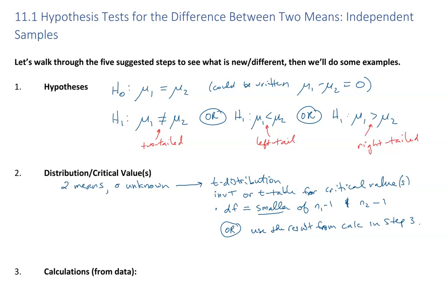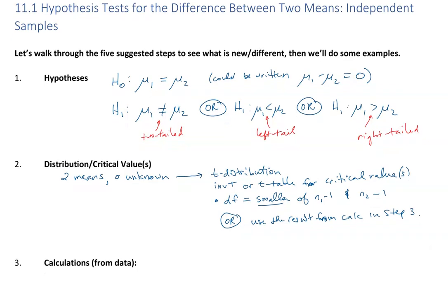You'll almost always get the same conclusion, but every now and then the more accurate version, which is the one from the calculator, will give you a different answer. But truly, using the smaller one is accepted. It's printed in our book that you can just choose to use the smaller of the 2 individual degrees of freedom. All right, continuing on.